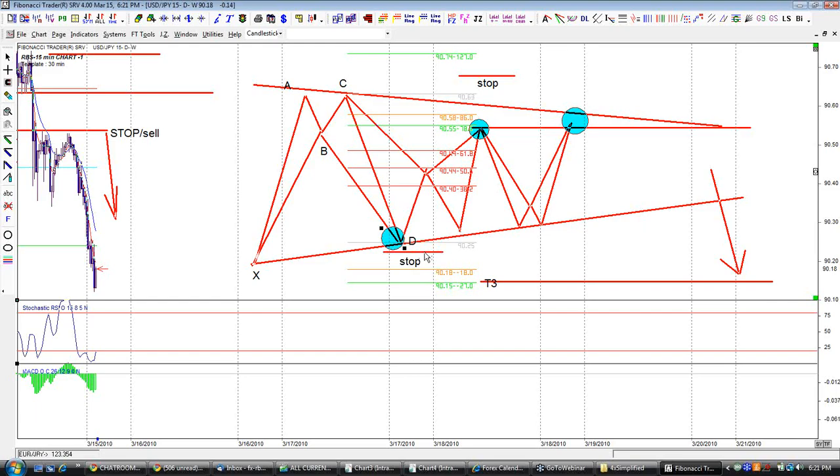Now the bat will give you a much higher chance of success on the third target when you're trading the wedge, because you have entered as close as you can to this trend line, and then your stop, even though at break even, will be as far as possible.